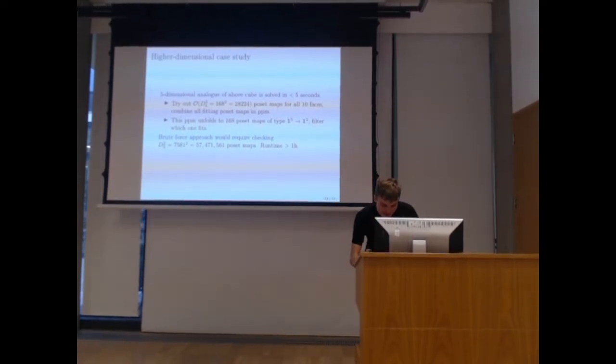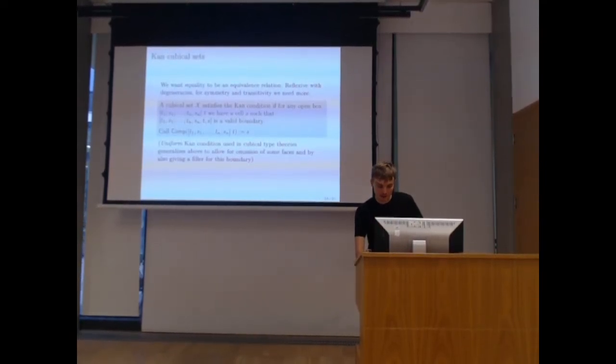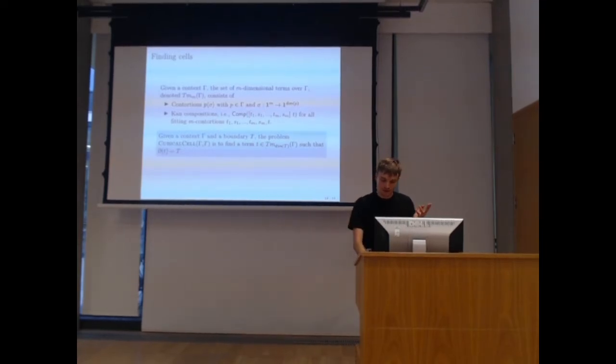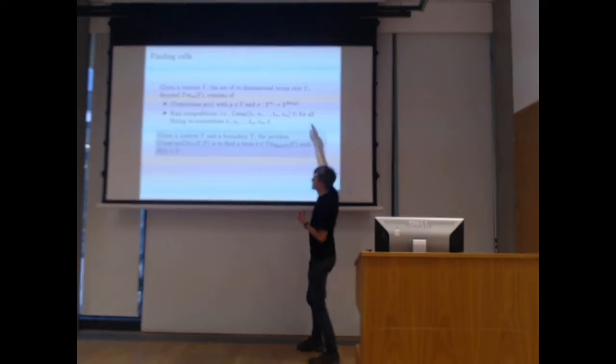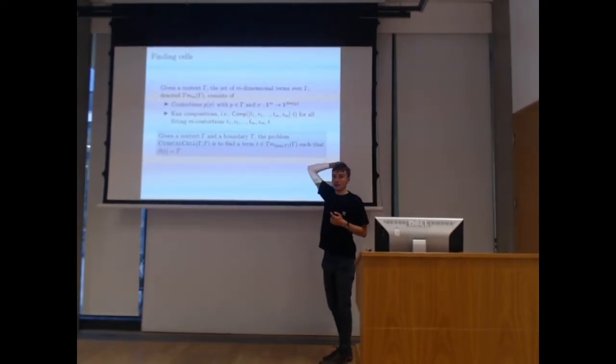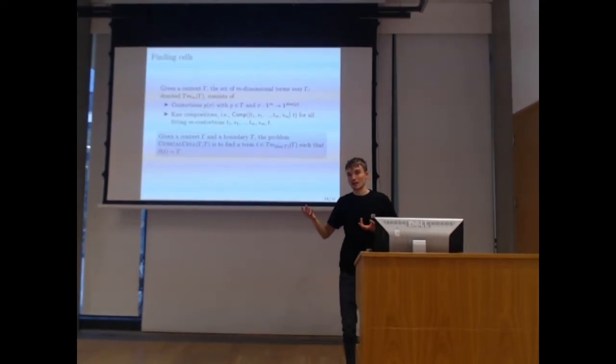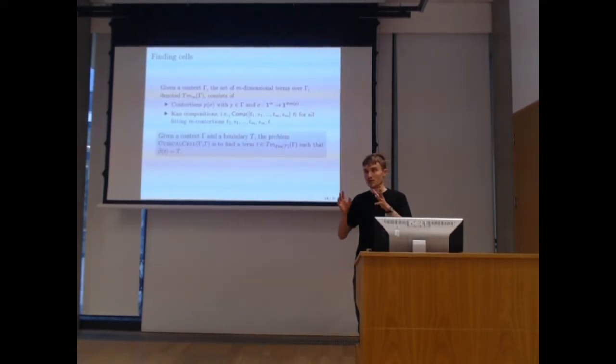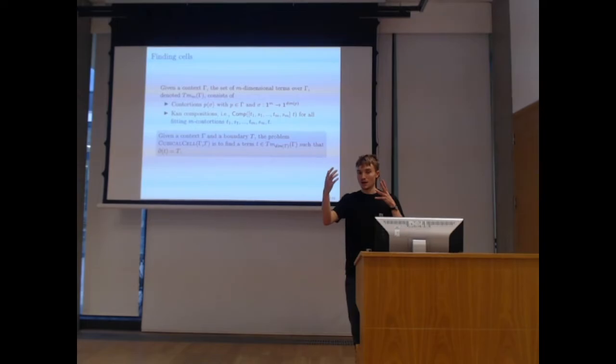Just as a hint, this also works for Kan cubical sets. These contortions are of course not all the cells that we build in cubical type theory. When we build an hcomp, this means that we actually look for an open cube with a certain boundary, and then we use the filler that Cubical Agda provides to fill the other goal.